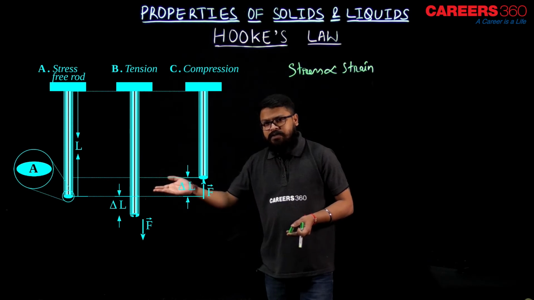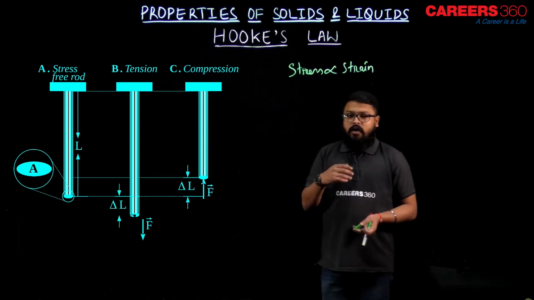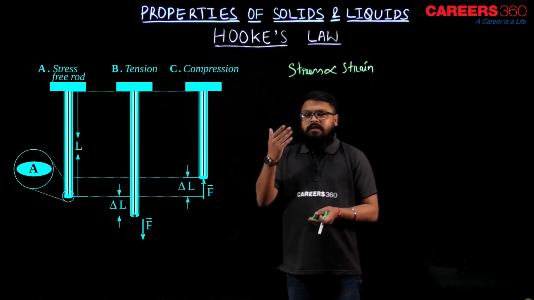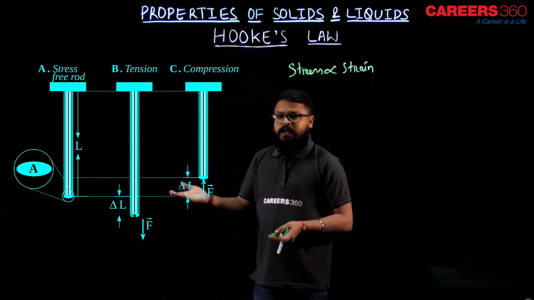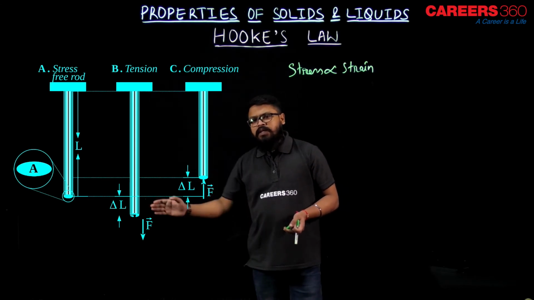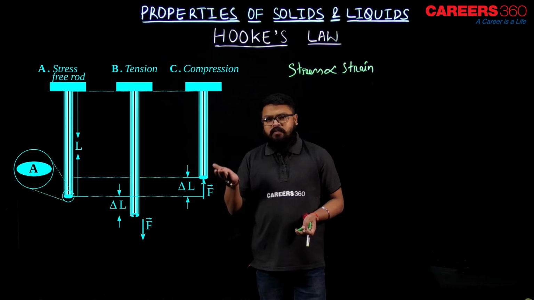Over here positive strain, over here negative strain, because longitudinal strain, tensile or compressive, is the ratio of change in length and original length. So over here it is positive, over here negative. As you can see, more the stress, more is the strain.